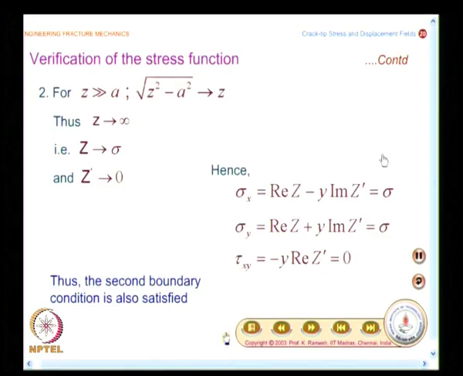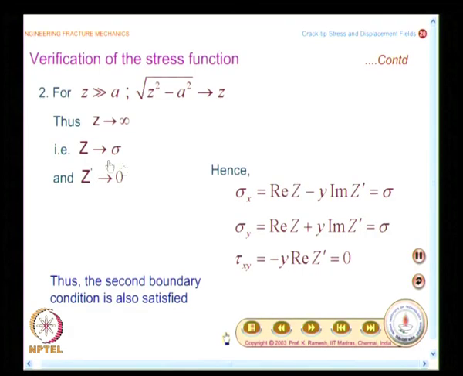It is not subjected to uniaxial tension. Your boundary condition clearly shows that you are really looking at a biaxial problem. Biaxial tension is the load that you have applied, and shear stress is obviously 0, because Z prime is 0 at infinity. And we have already looked at that on y equal to 0, tau xy is 0. So, all the 3 boundary conditions are satisfied.